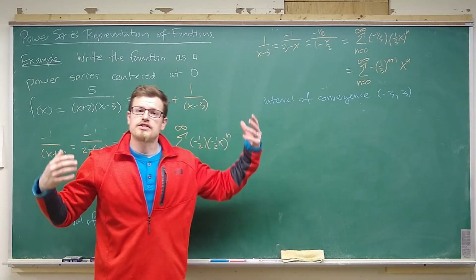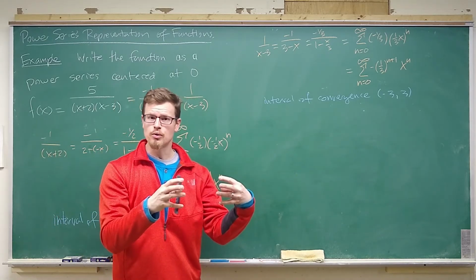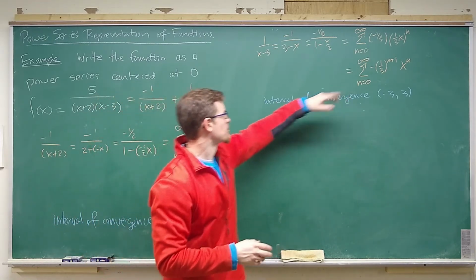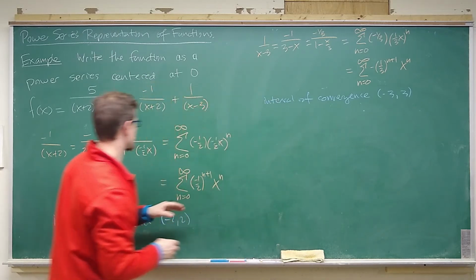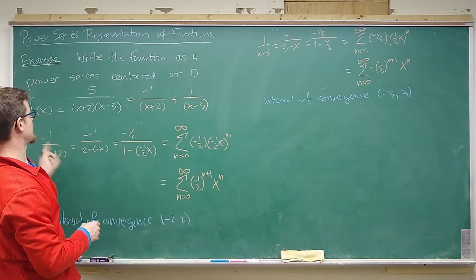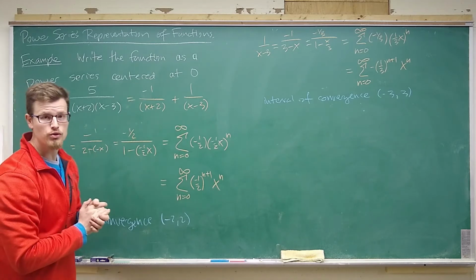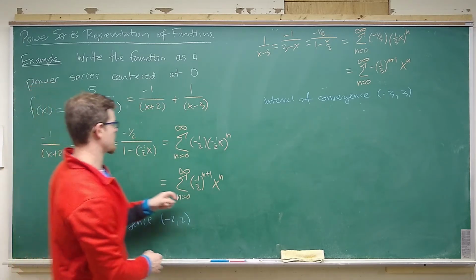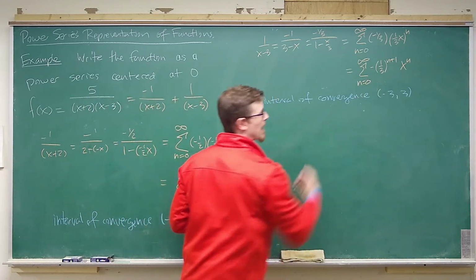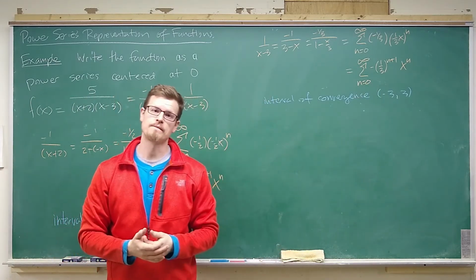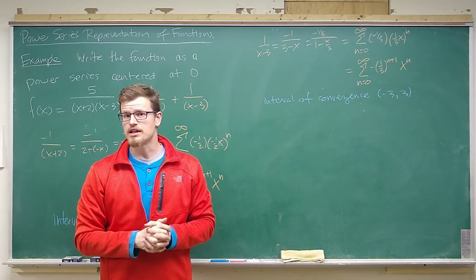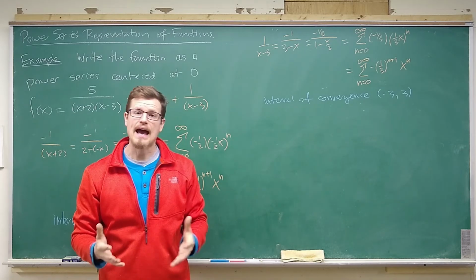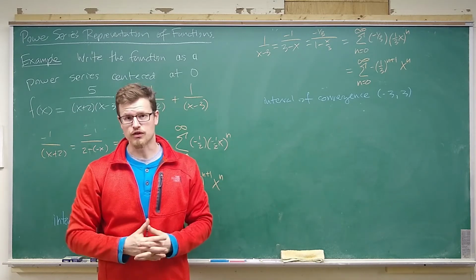So what I want to do next is combine these two power series representations for our two parts. F is the sum of those two things, so I can write F as the sum of these two power series representations. Now what's very important here is that we actually have absolute convergence.